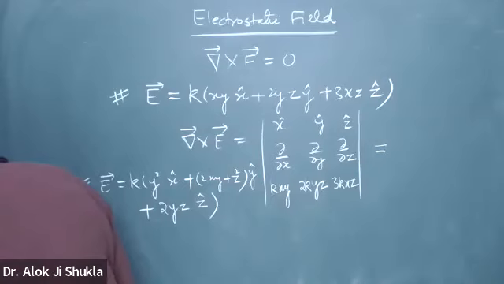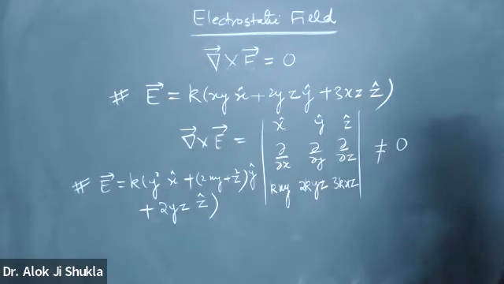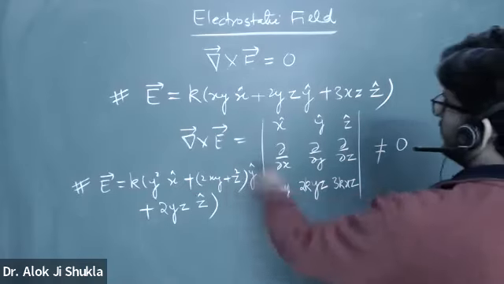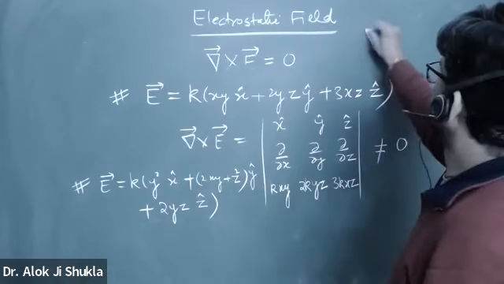पहला वाला तो 0 नहीं आ रहा सर. The first one is not zero. Okay, so this is not an electrostatic field, okay? And second one? ये curl की definition है Cartesian के लिए. So curl of a vector E is this.